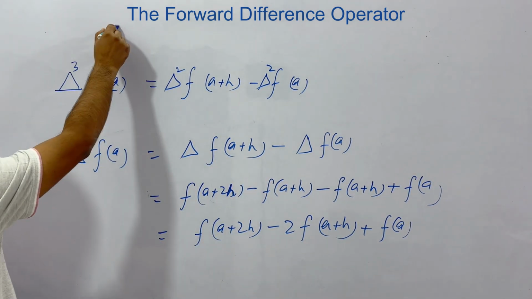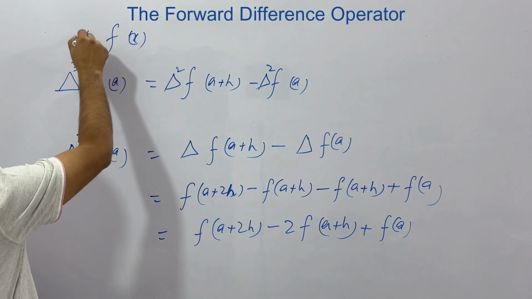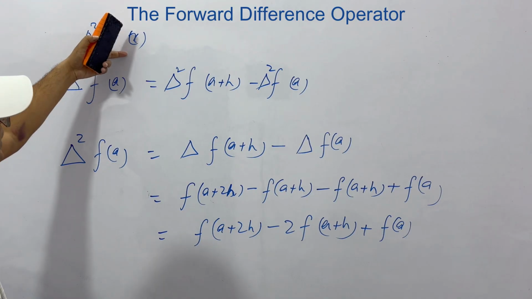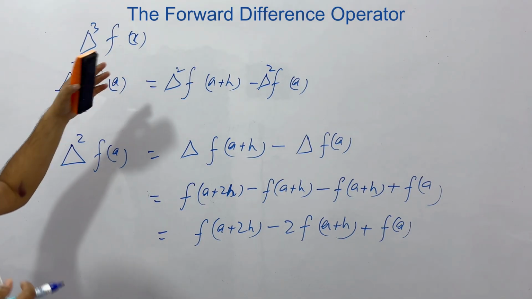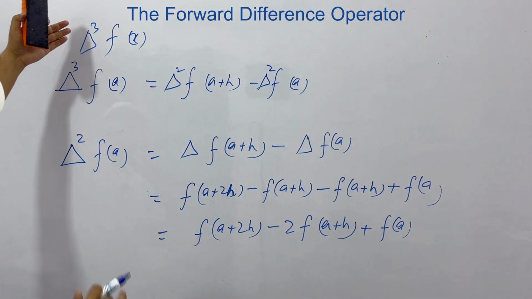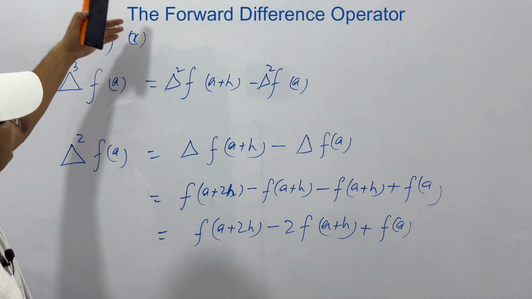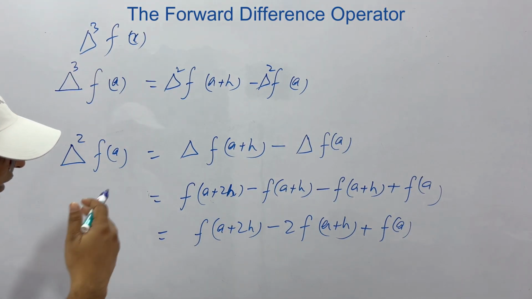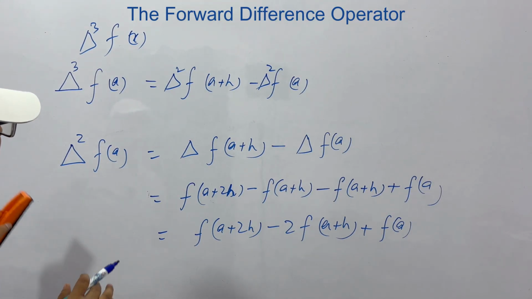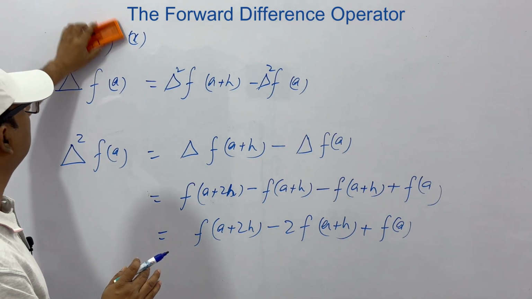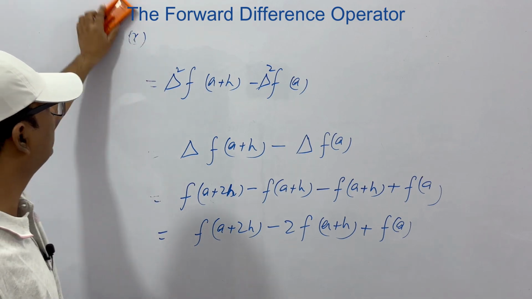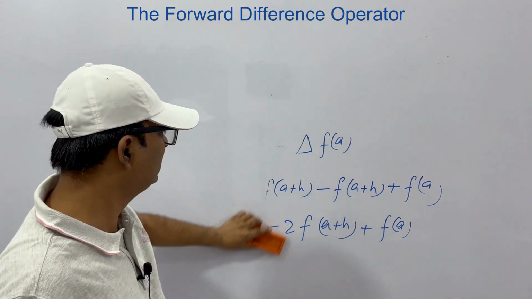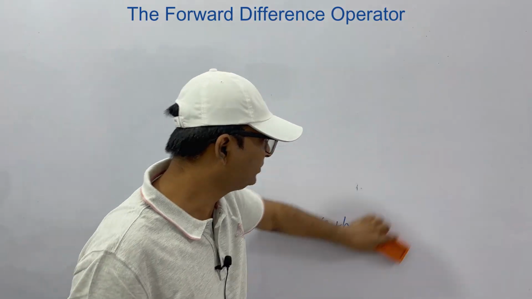If we have been given a function f(x) and want to know del 3 f(x), or we have been given del 3 f(x) and want to know f(x), how can we get back to the original function f(x)? That is what we want to achieve now. Up till now, I think things are clear to you. This is not difficult. Just brush it up so that when we proceed, you don't get confused.